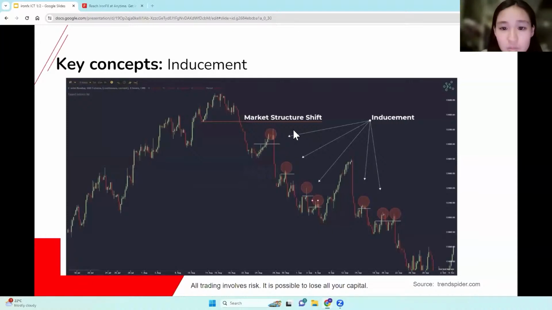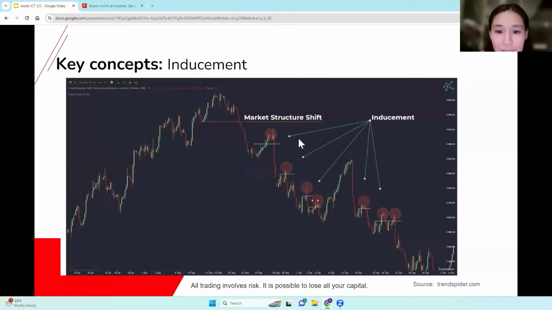The price will bounce or get rejected and then will target a previous short-term high or low before continuing in the same direction as the longer-term trend. So the short-term high in this case is here, all of the circles over here. And then it continues in the same direction. In this case, it's a downtrend in the longer term.